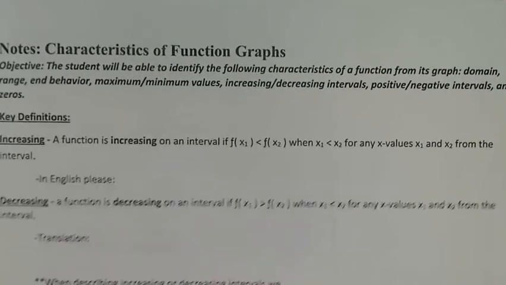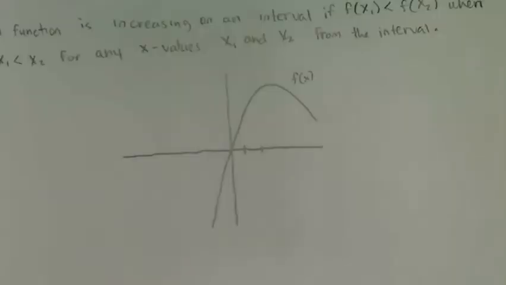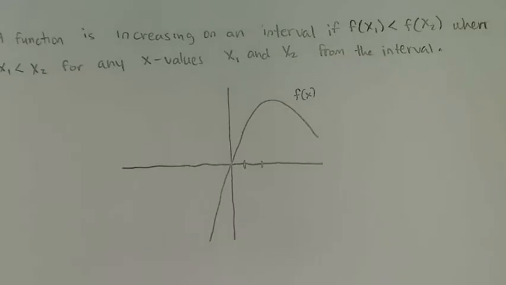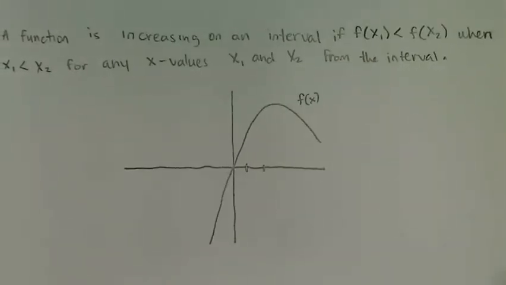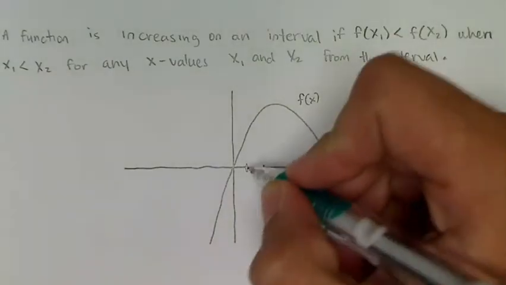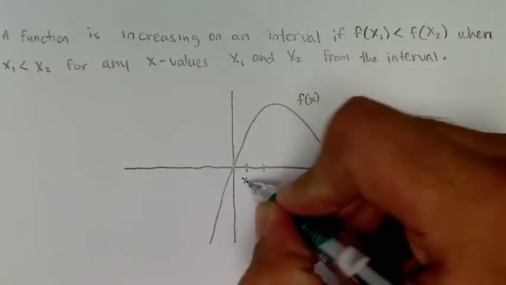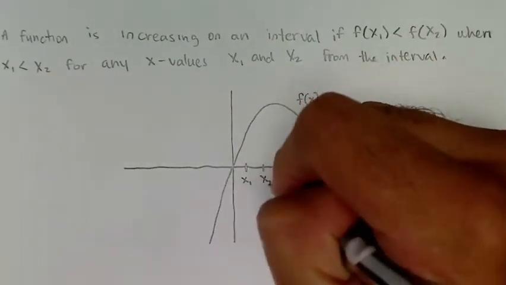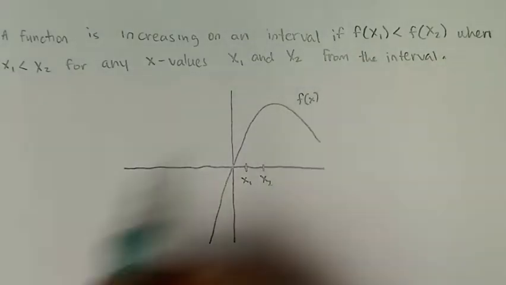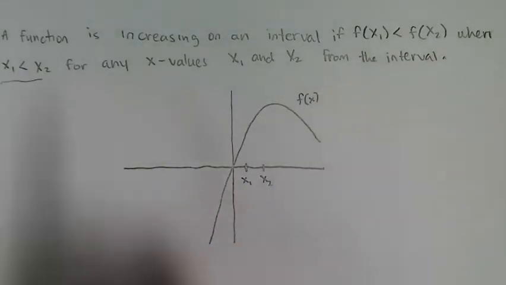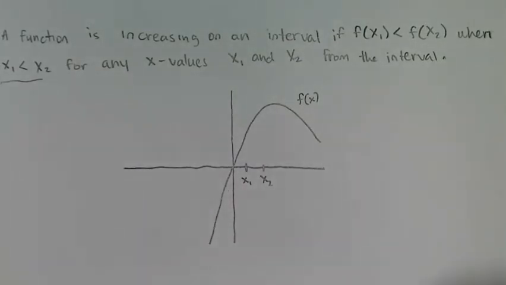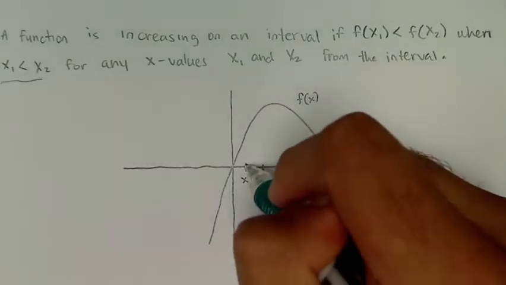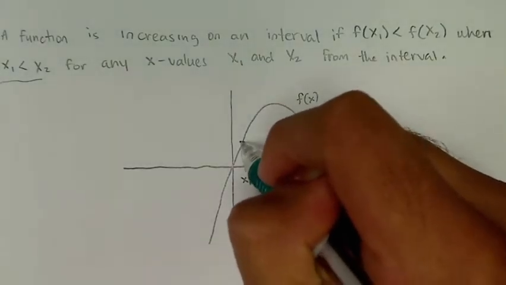So let's draw a little picture to see what's going on. Let's say this is our function. Let's take two arbitrary x values. Let's call this x1 and x2, because in our definition it said that x1 has to be less than x2. So that means x1 has to be on the left of x2. They will have corresponding y values.